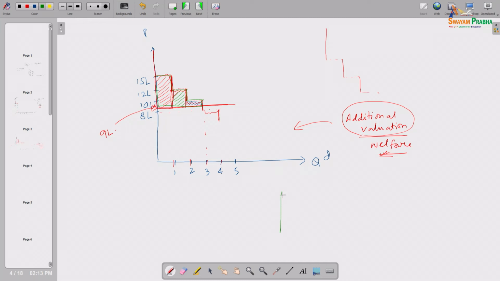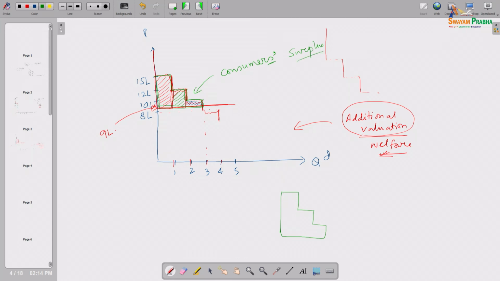This kind of entire area, we can tell, is the consumers' surplus. This area is termed as consumers' surplus, consumers as a group, that is why it is plural with an apostrophe s. Consumers as a group, how much surplus valuation they are generating.